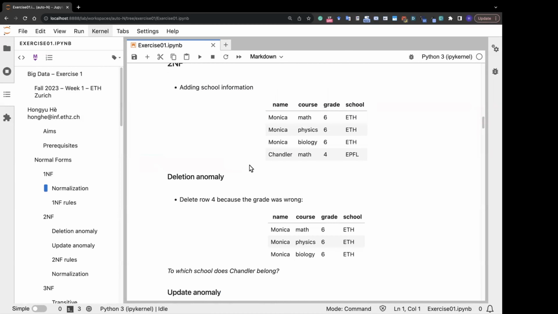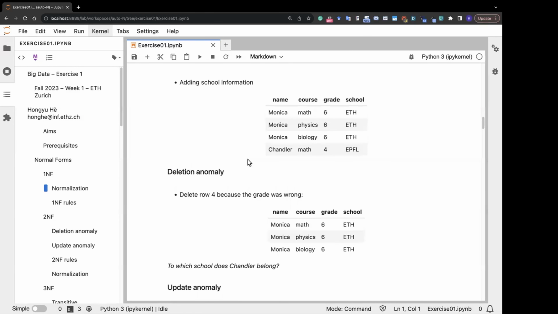And now we have the first anomaly, which is the deletion anomaly. So for example, we want to say the grade for Chandler is wrong. We want to delete it, and suddenly we've lost information for Chandler. We don't know to which school Chandler belongs. We no longer know that.